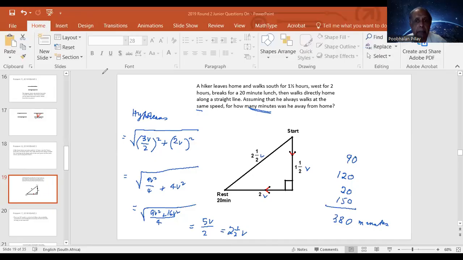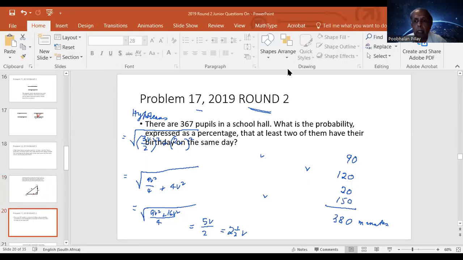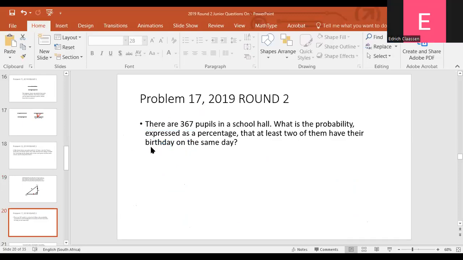Okay, so the next problem is this. Problem 17. There are 367 pupils in a school hall.